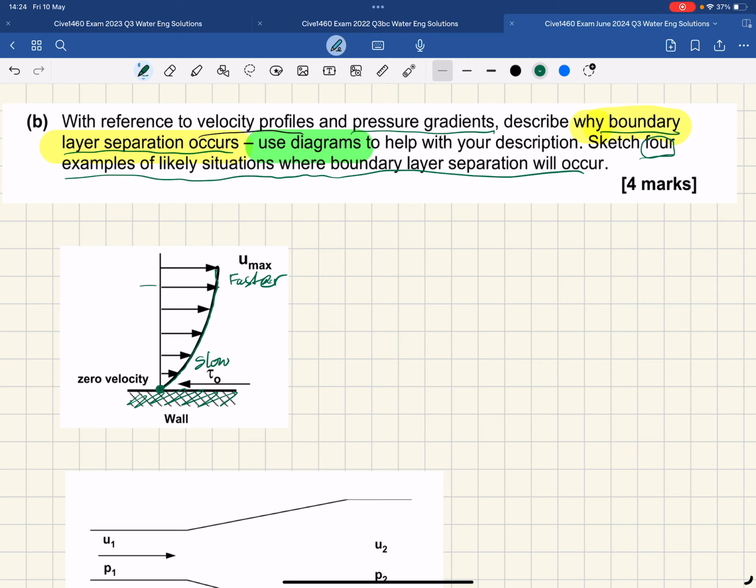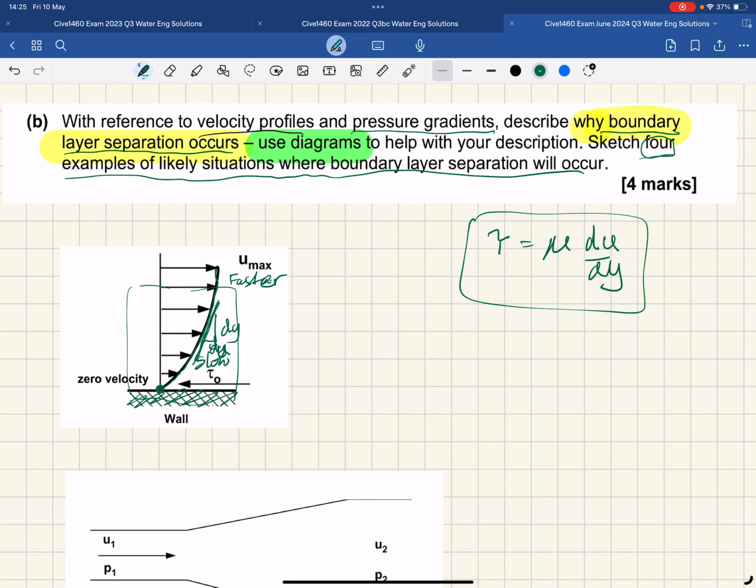Clearly, this slower flow has lost some energy because of the boundary, because of friction. We might just want to note that we have Newton's law of viscosity, that the shear stress in the fluid can be derived from this equation, where that du/dy comes from the gradient of this diagram.